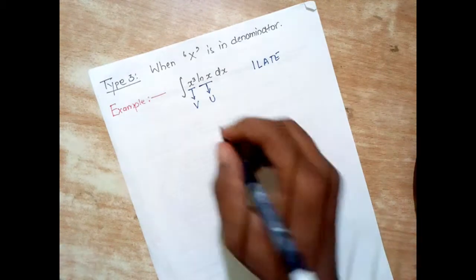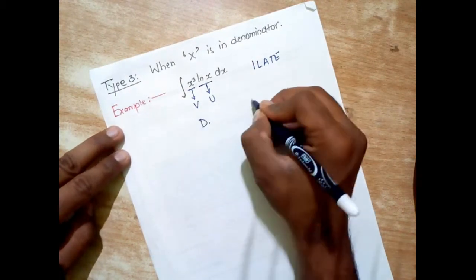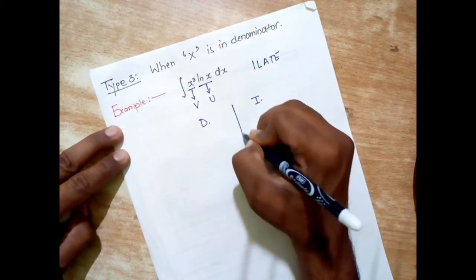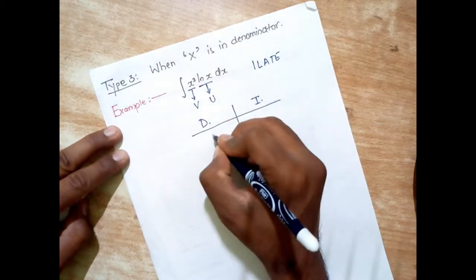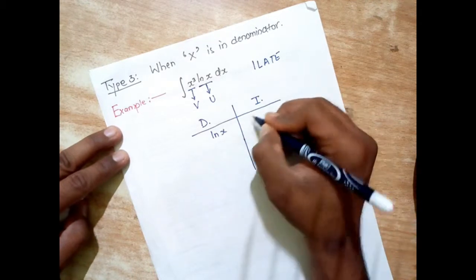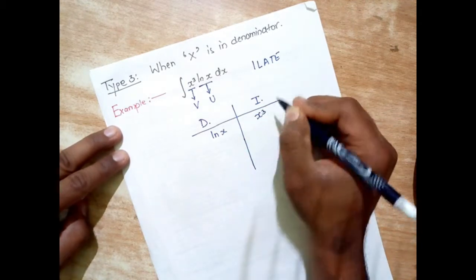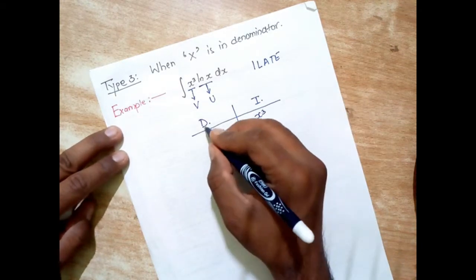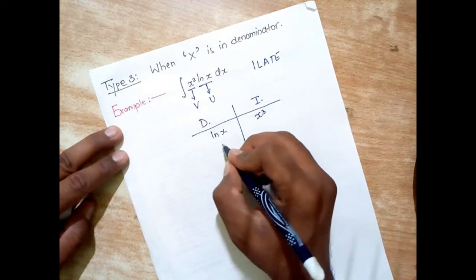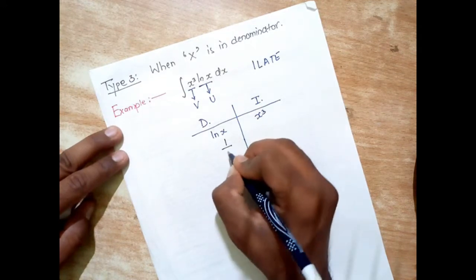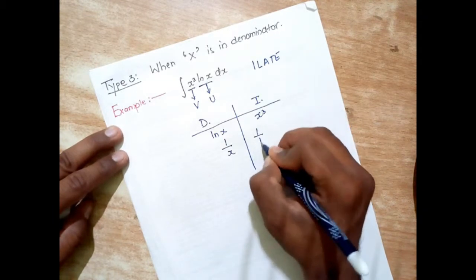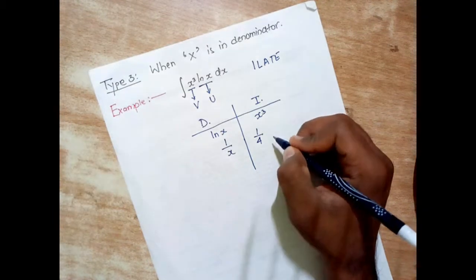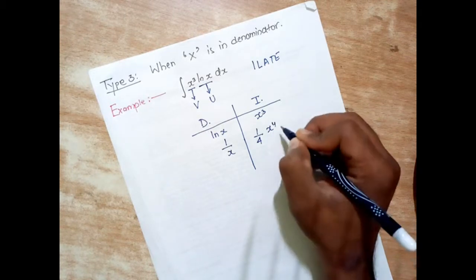So let's begin. D I. I'm going to write natural log of x in D and x cubed in I. So the differentiation of natural log x is 1 by x, and integration of x cubed is 1 by 4 x raised to 4.